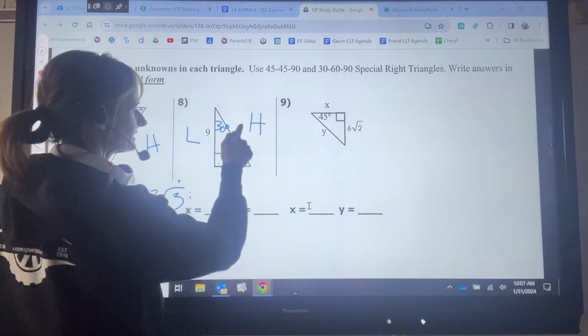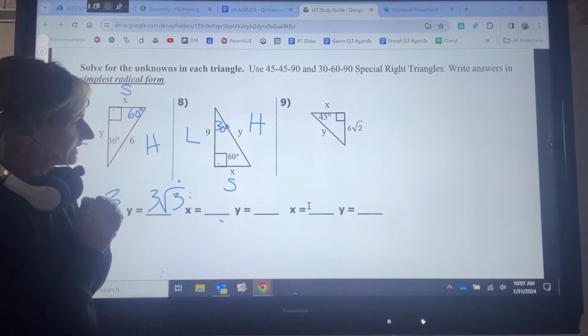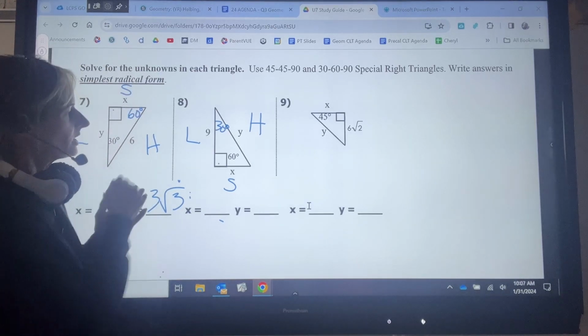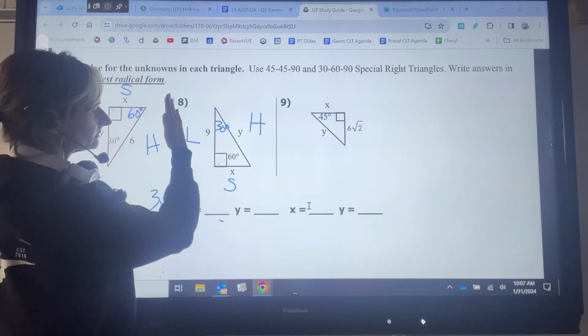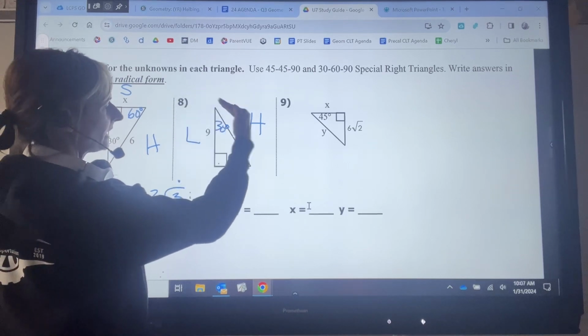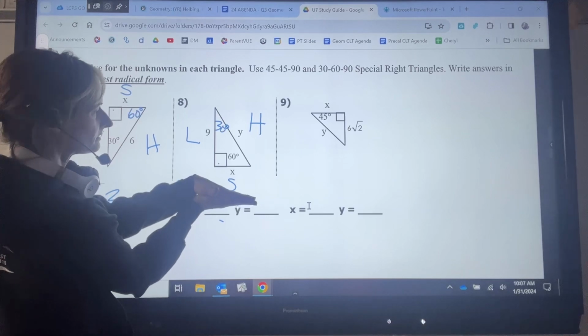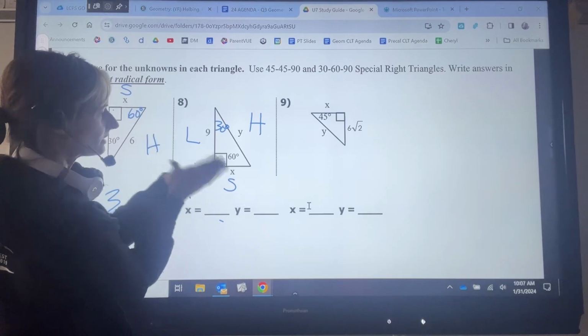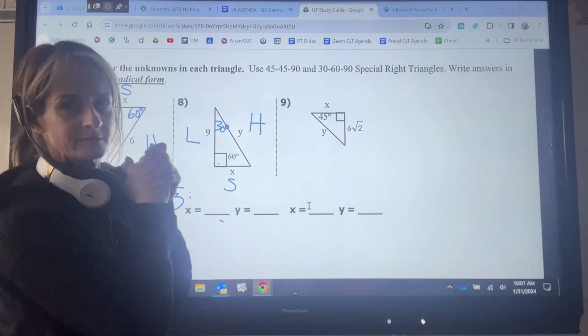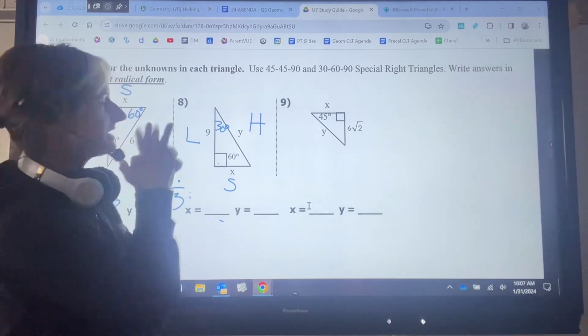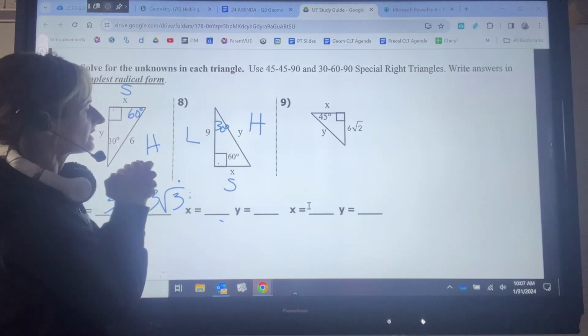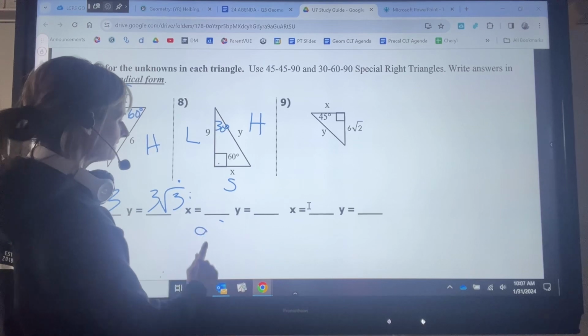And the hypotenuse is across from the 90-degree angle here, the right angle. We're given the long side. We're not going to be able to get the hypotenuse until we get the short side. So from the long side to the short side, we need a smaller number. What are we going to be doing? Dividing by the square root of 3. We're going to have to divide 9 by the square root of 3.